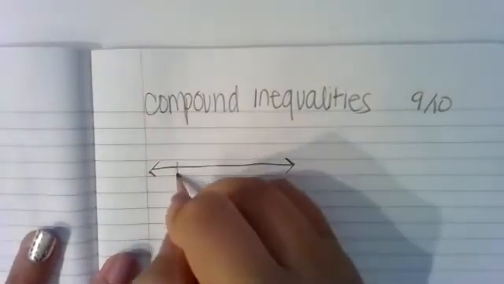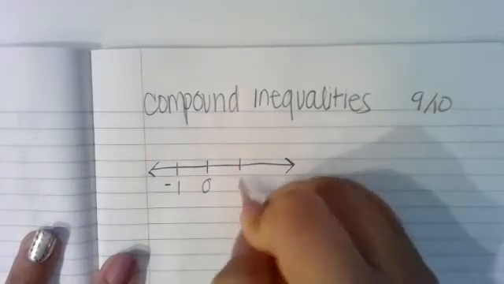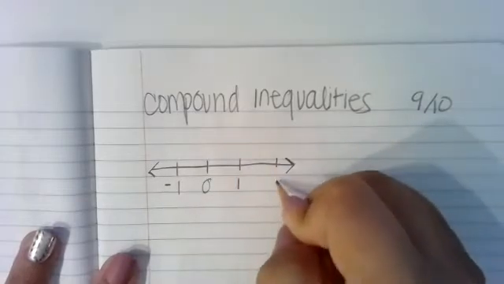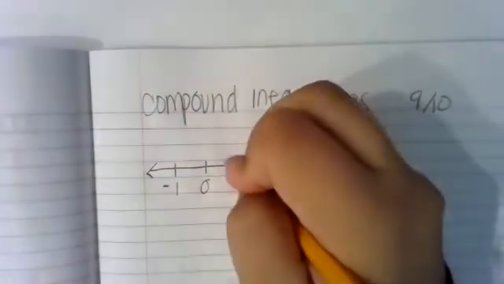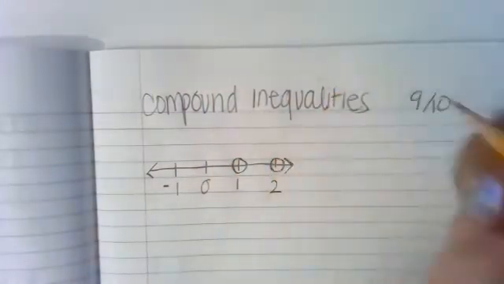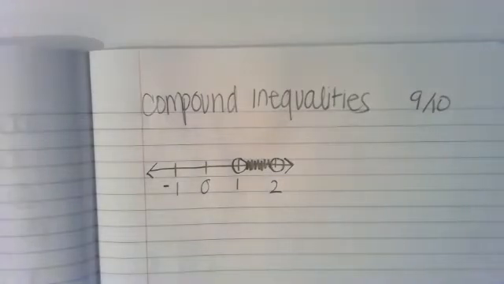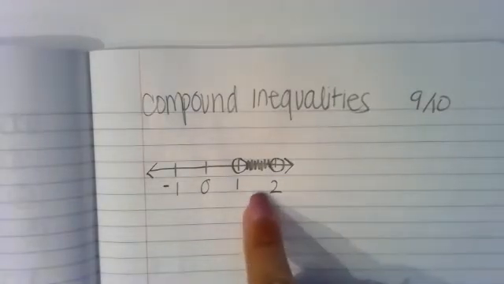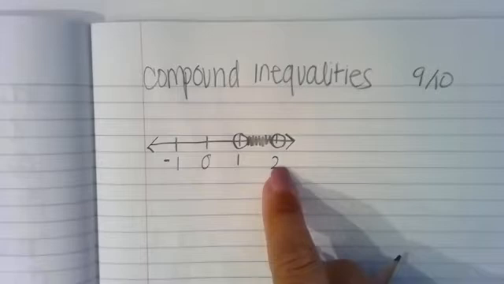Let's say I have this graph here, and I have an open dot and an open dot, and a shade in between. The first thing I need to do is write the compound inequality that represents this.